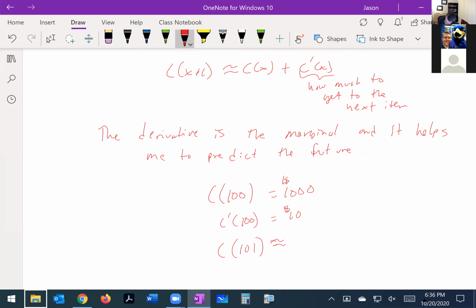It would be approximate. I'd say approximately $1,010 is going to be the cost of the next item. Now, that may or may not be true, but it's a good predictive model to get to the next item.